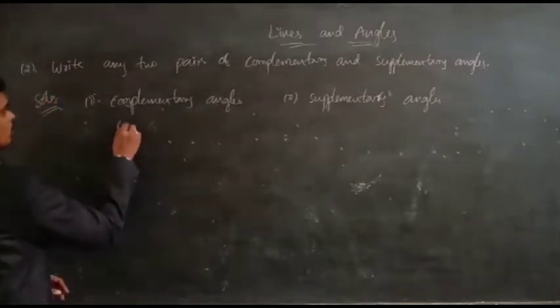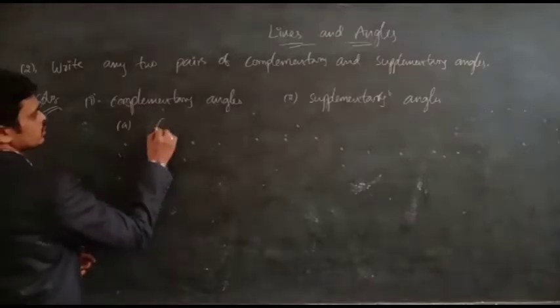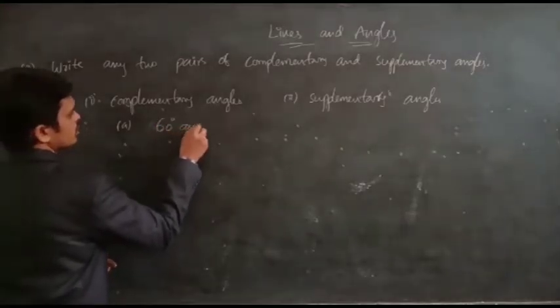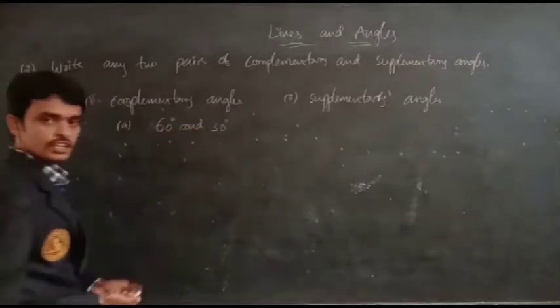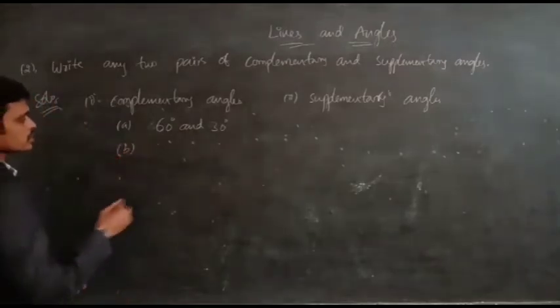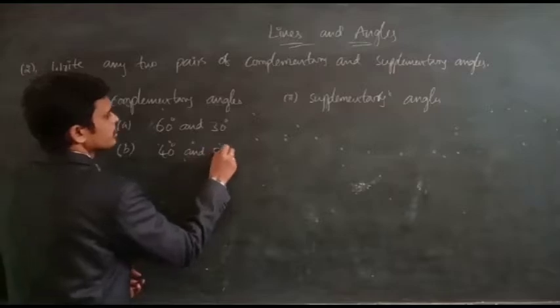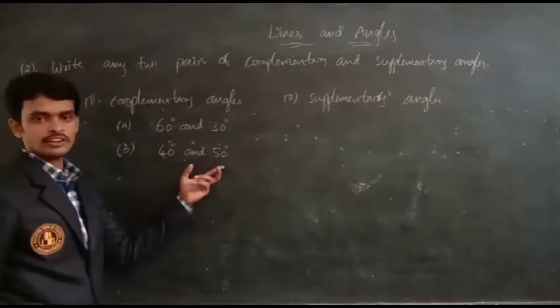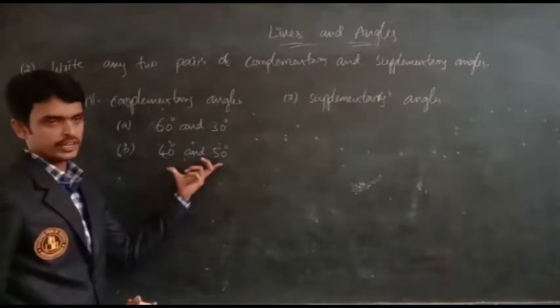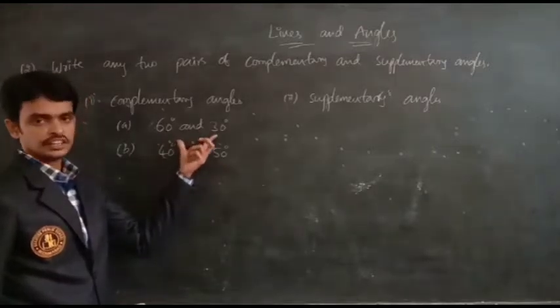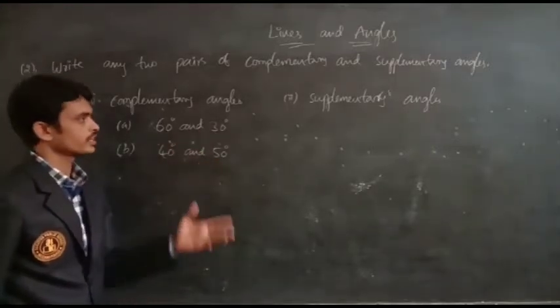First pair is 60 degrees and 30 degrees, and second pair is 40 degrees and 50 degrees. 40 plus 50 is 90, so these two are complementary angles. 60 plus 30 is 90, so these two are complementary angles.